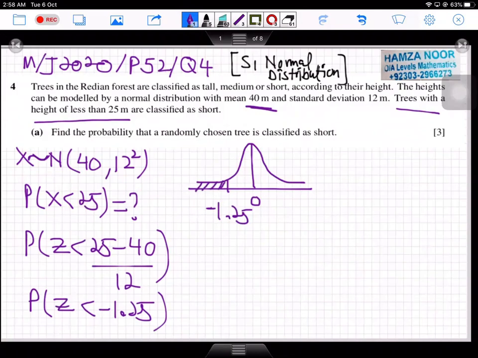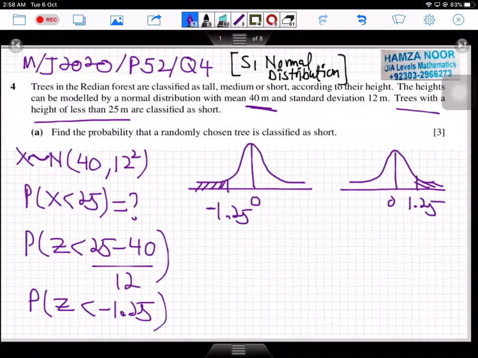But if we look up at our normal distribution table, all of the Z values are positive over there. So what I'm going to do is make an exactly symmetrical graph over here and put the value 1.25, and obviously my requirement would be this, isn't it?